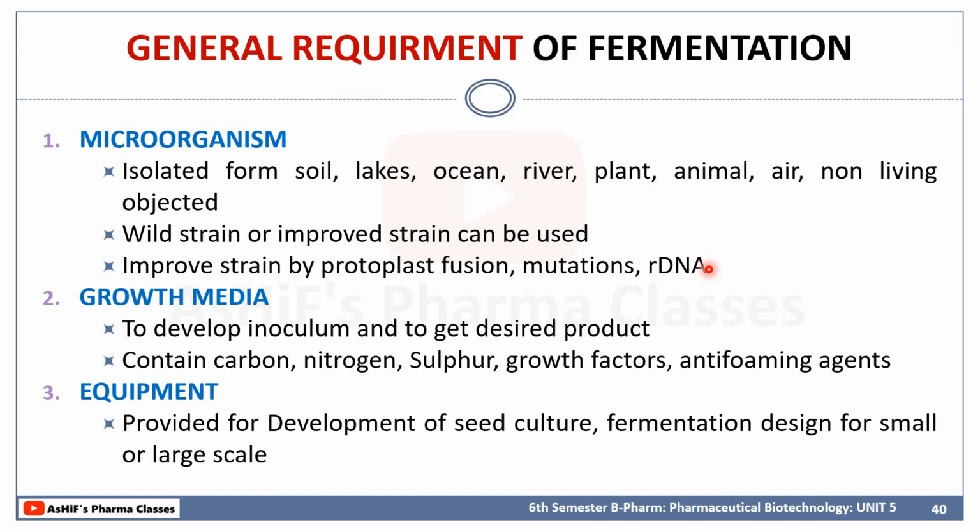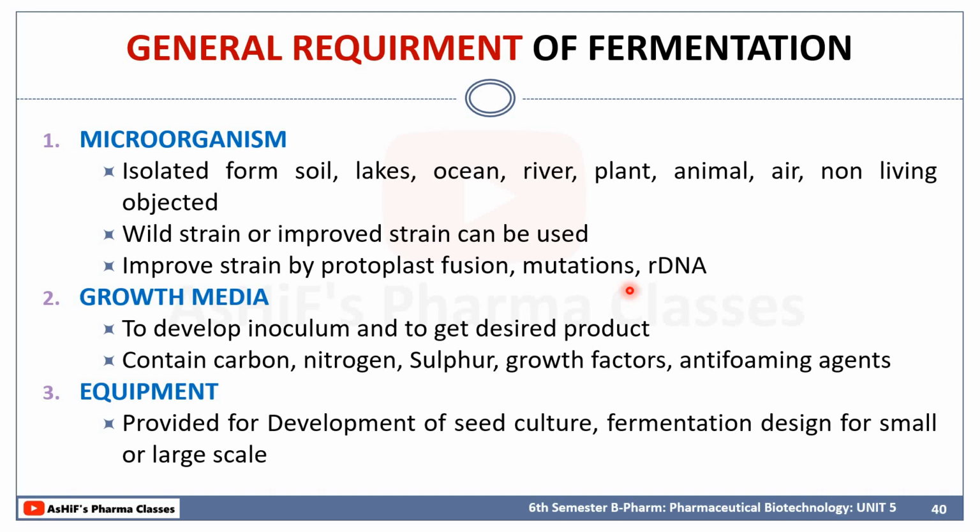And the second requirement is culture media. In order to develop the inoculum and to get the desired products, we need to give nutrients containing carbon, nitrogen, sulfur, growth factor and antifoaming agent. Usually these will be of natural origin because we want to reduce the cost of production of pharmaceutical products.